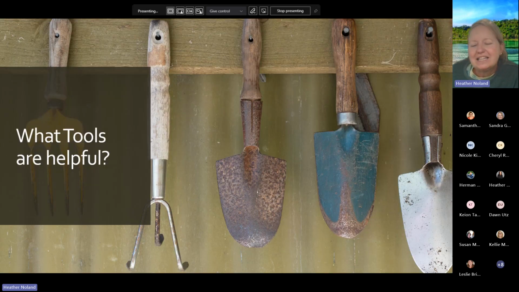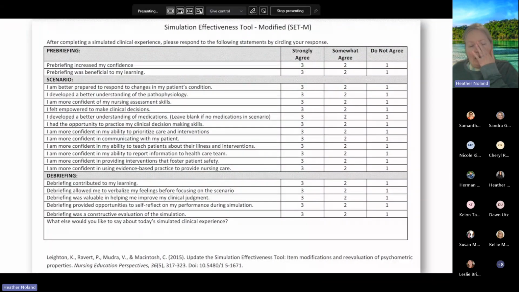And so, if you're not currently measuring things, or you're thinking about building something, what are some helpful tools? I'm going to show you just a couple of validated tools that have been used. This one, I believe some of y'all use. This is the SET-M, or modified SET-M.